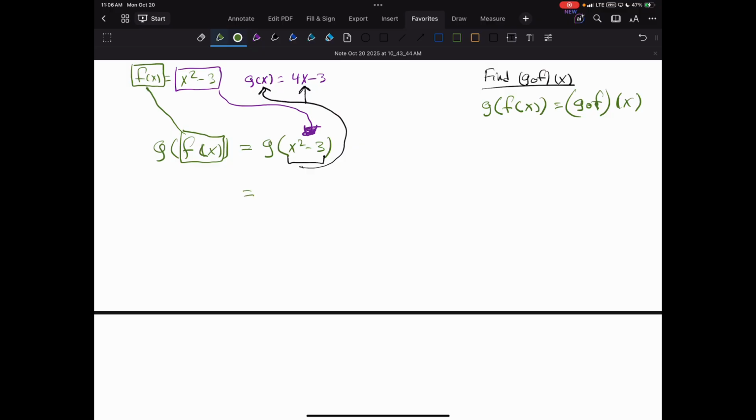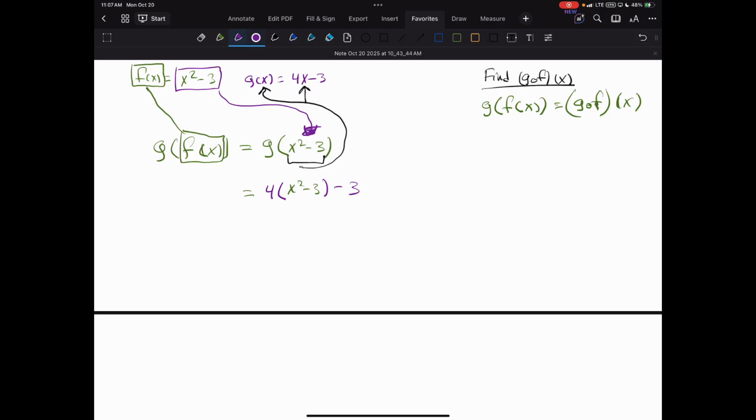Instead of g of x, or g of x squared minus 3, I'm going to write this as 4 times, and then instead of x, I'm going to put in x squared minus 3, and then minus 3, because this is the same function as this. It's just instead of putting an x in, I'm putting in the output of my f of x function.